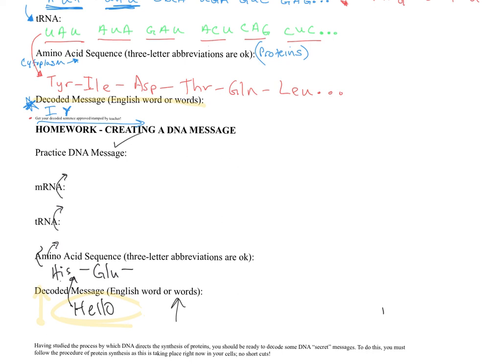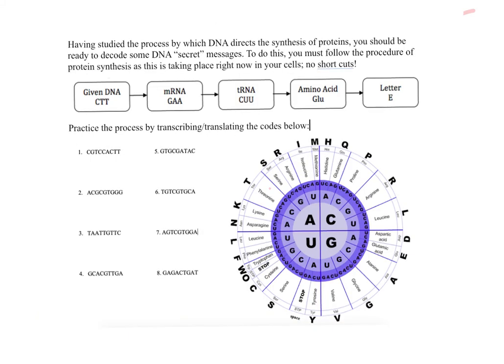Boom. All right. I've had students ask me about this. UAU is tyrosine. And we want to write down the 3-letter abbreviation, TYR. That it's capitalized, but not the next one.